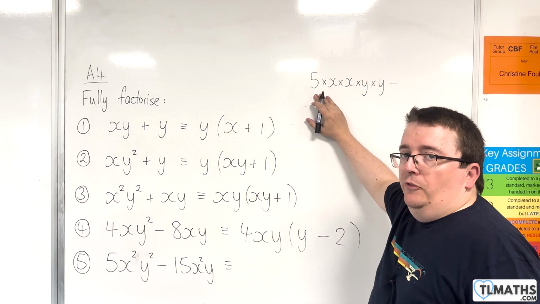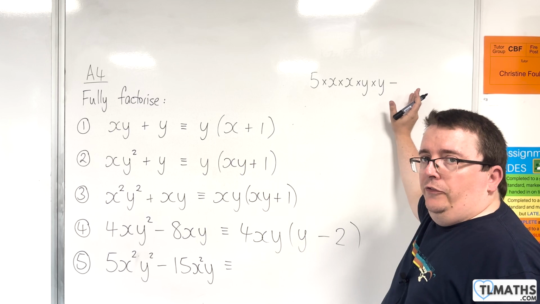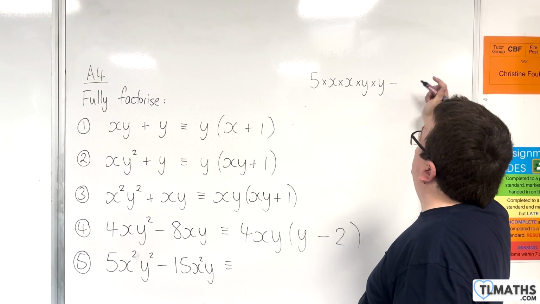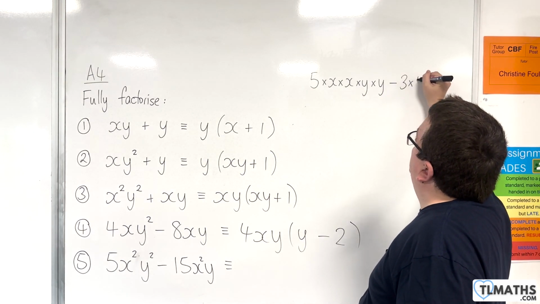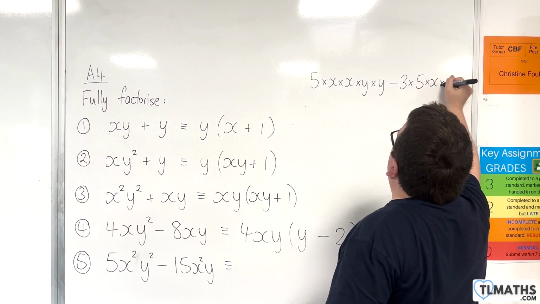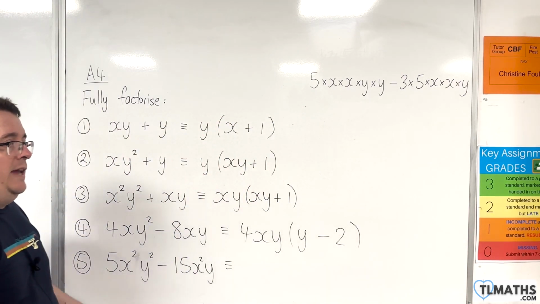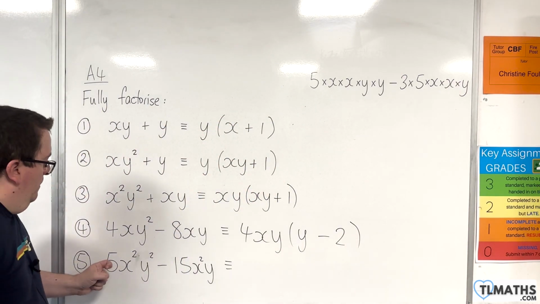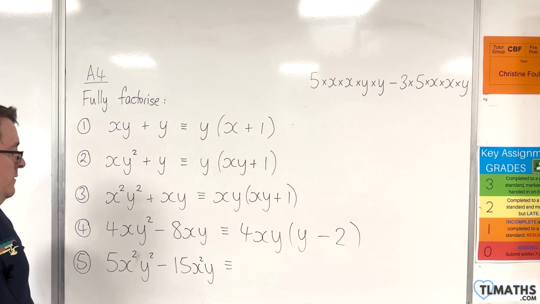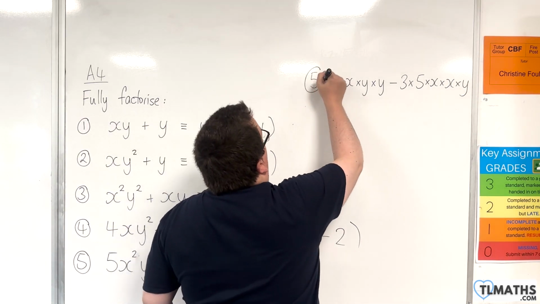Now, 5's prime, so I'm going to write 15 as a product of its prime factors, which is 3 times 5. And then we've got x squared y. Okay? So we're looking to see what's common. Well, the highest common factor of 5 and 15 is 5. And that's given by the fact that they both have this 5 here.